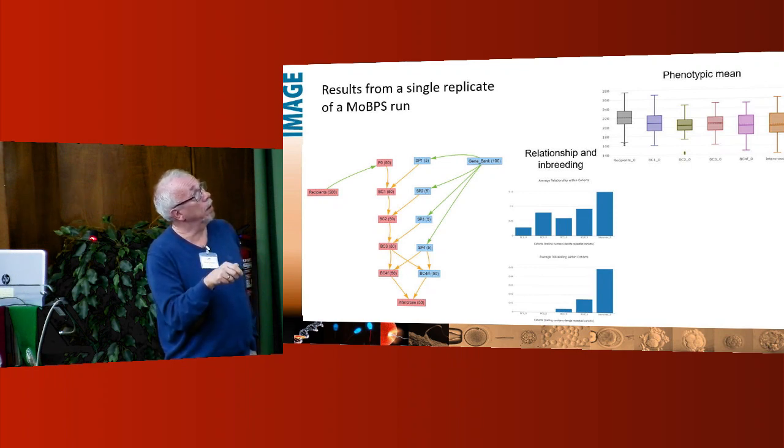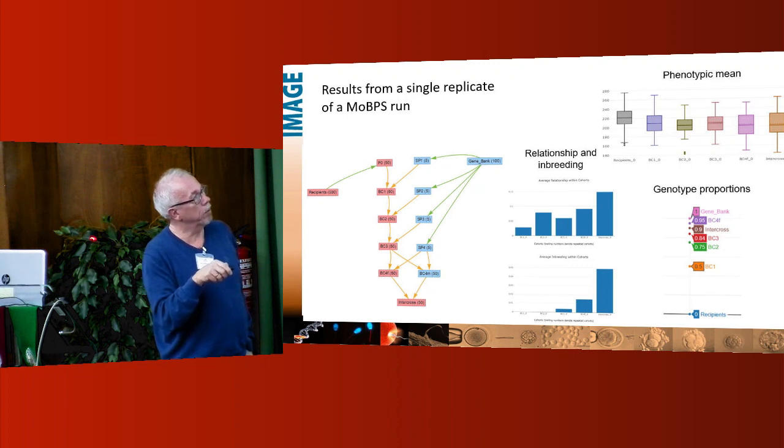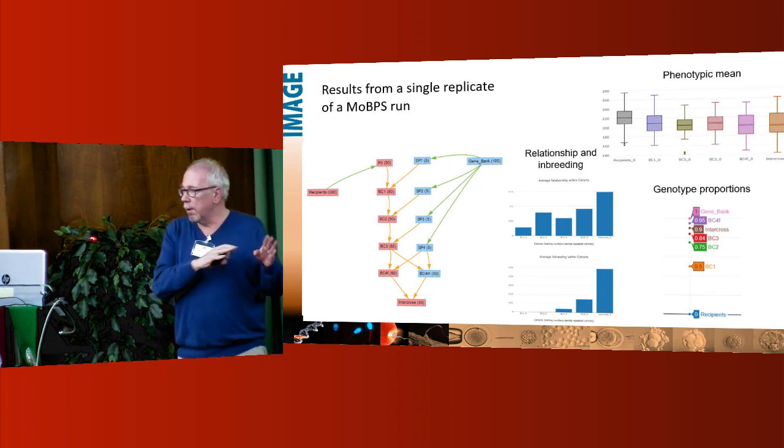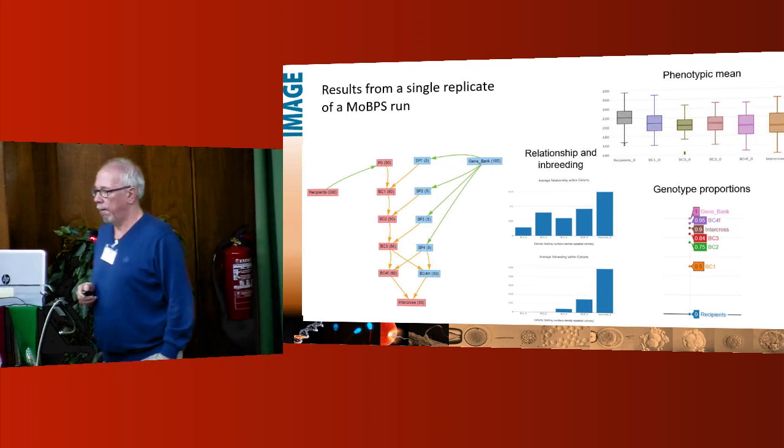So you see we have a decrease in performance with this backcrossing. And you also can look at the genotype proportions. This is just one SNP, which has a frequency of 0 in the recipients in the gene bank 1, and then you see in backcross 1, backcross 2, and the intercross, it's going up. So this is all implemented, and you just click and you get those results.